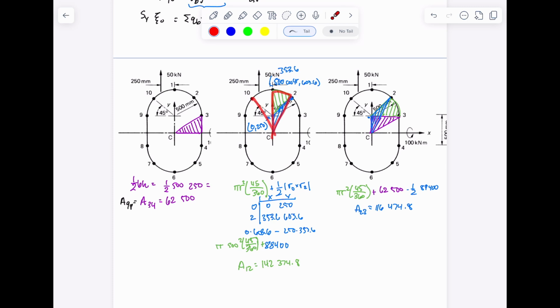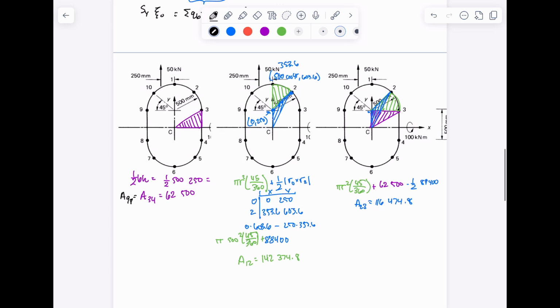This and this are the same. So area of 1 to 2 is the same as area of 10 to 1. And again, the area that we found here of 2 to 3 is the same as 10 to 9. Area of 9 to 10, sorry about that.